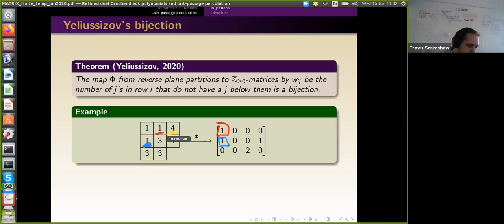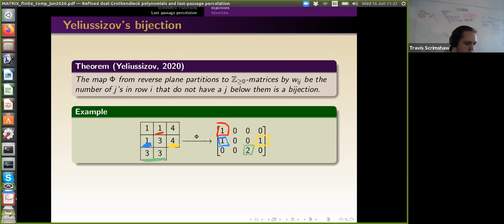That's the wrong 4. This 4 gives us this entry. And these two 3s give us this entry. And that's the bijection.